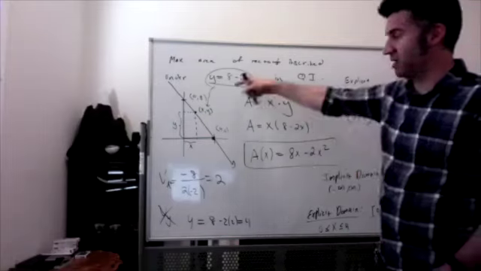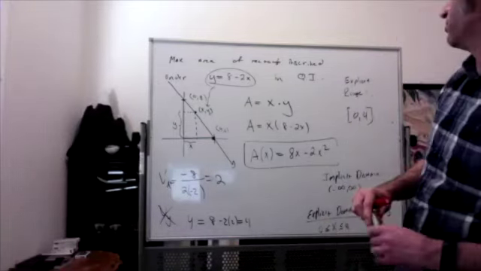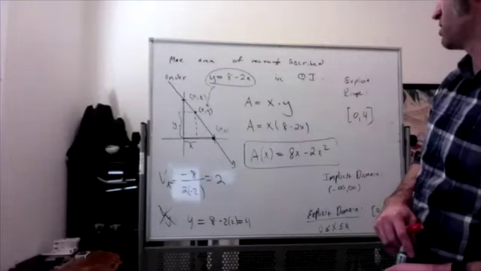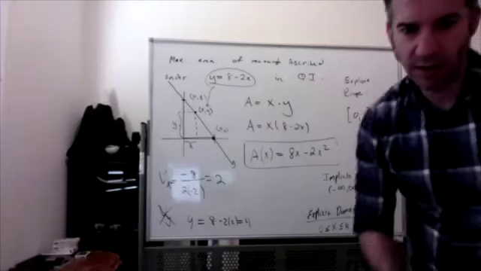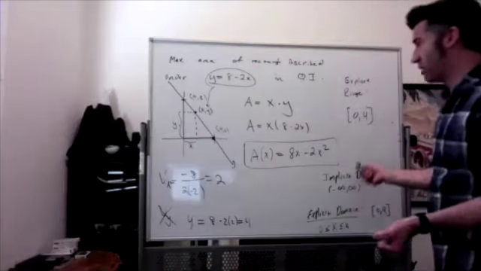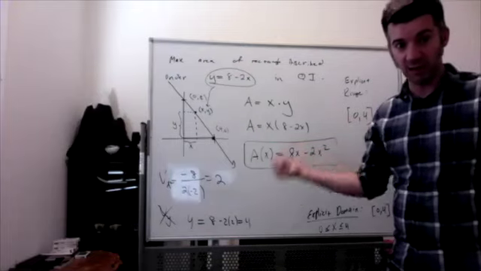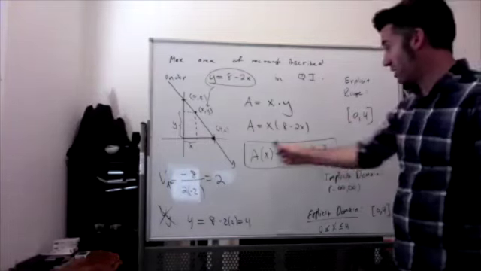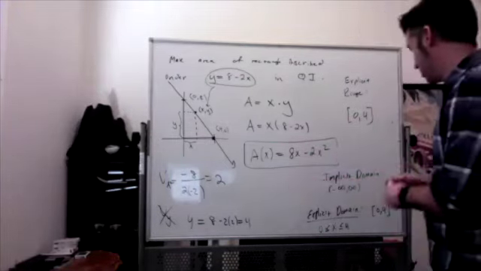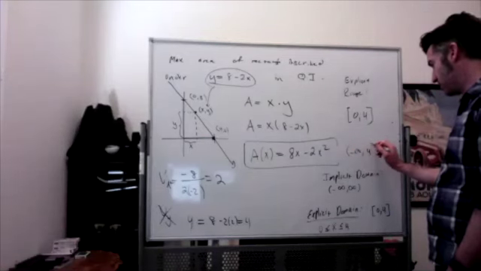They're not always the same. The most the area could be is 4, the least is 0, even though this function actually has a range of negative infinity to positive 4.